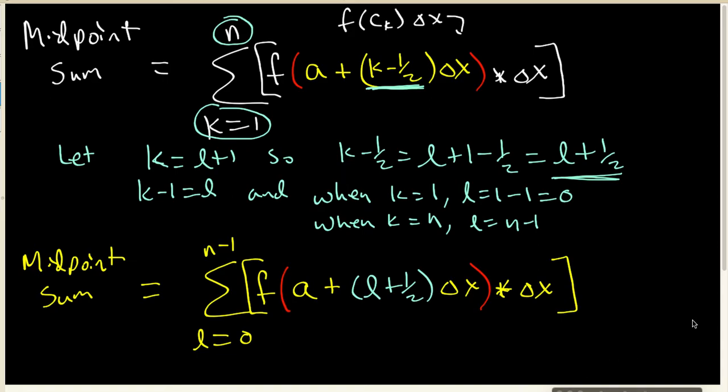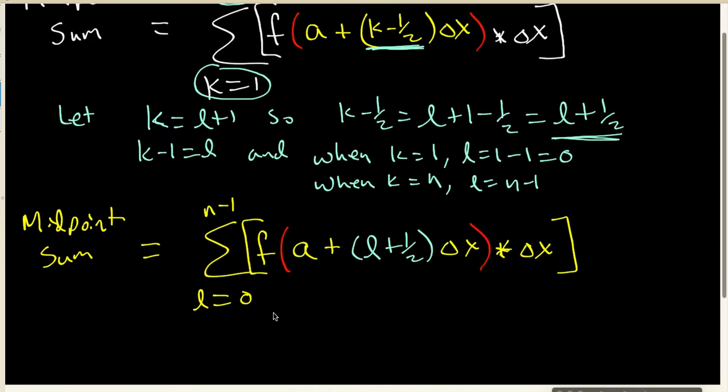So to understand what's going on in this formula, we have f of what used to be our ck being written as a plus L plus 1/2 times delta x, and then there's the delta x from the Riemann sum. So in other words, this stuff here is what used to be our f of ck times delta x. So that's what this stuff here is.